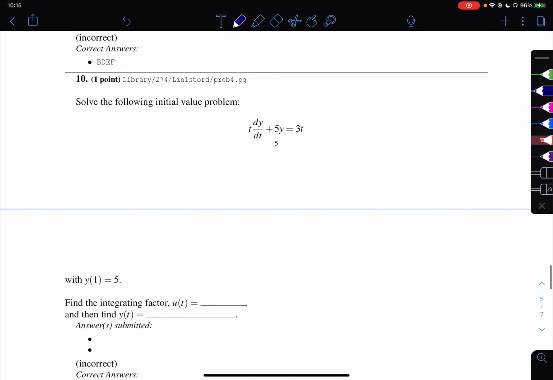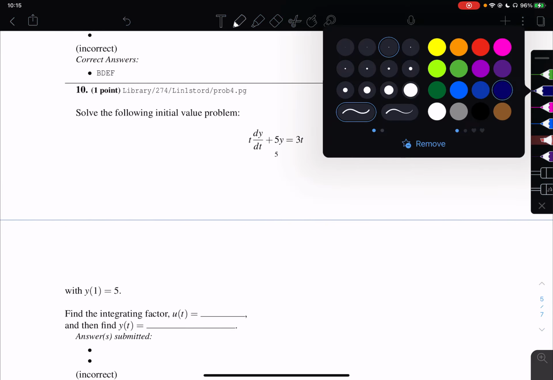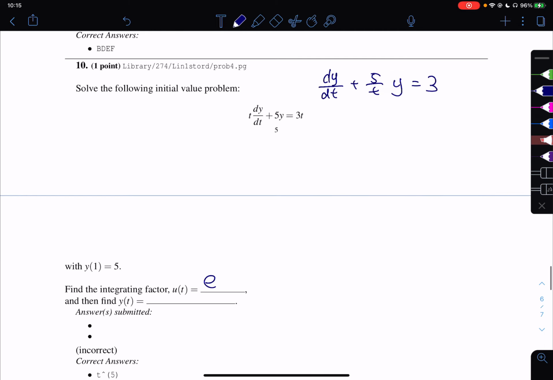So solve the initial value problem we had before with the help of the integrating factor method. First, you want to rephrase your problem such that it looks like the structure that is the so-called standard form. And then the integrating factor is e to the power of the integral, okay? They don't want you to find the structure, they want you to give me the answer.